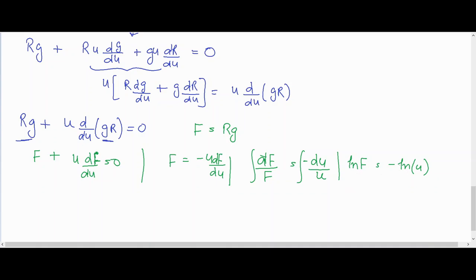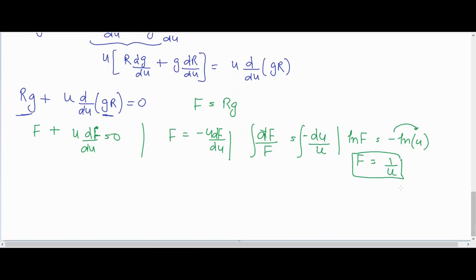If we send this minus sign inside, we will get f is equal to 1 by u, right? So we have this f as 1 by u, but we saw that f was actually equal to rg, right? So f is equal to rg, which turns out to be 1 by u.